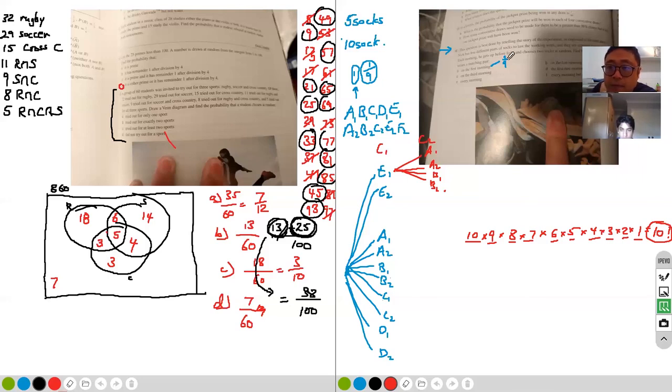How many ways are there so that on the last morning you're choosing 2 socks that are the same?